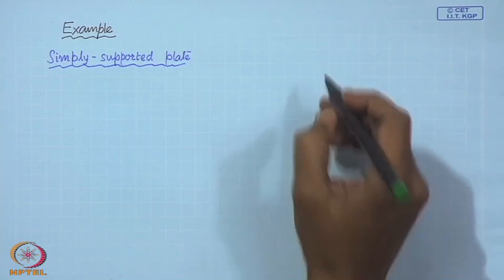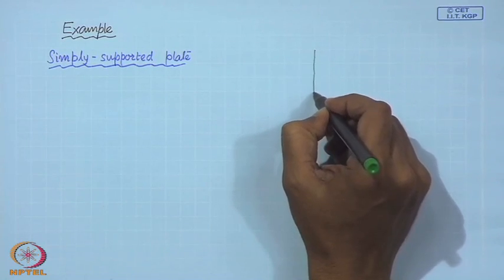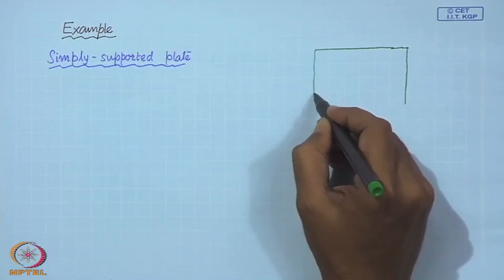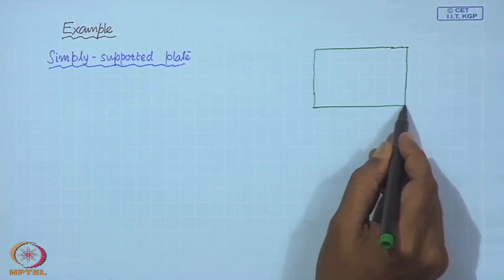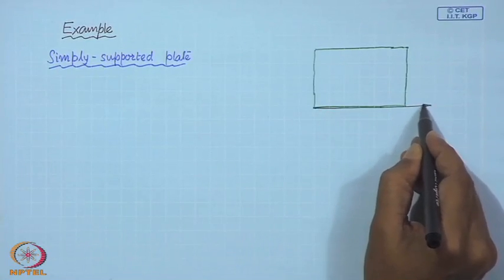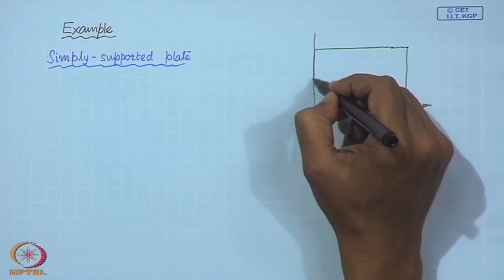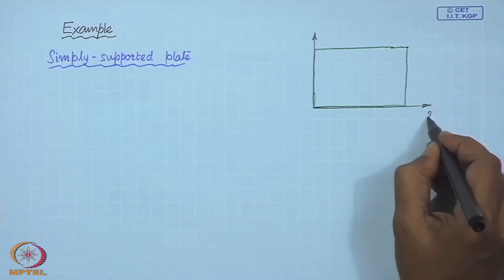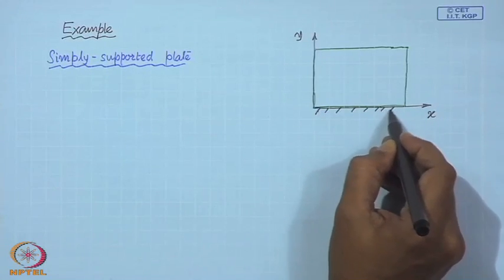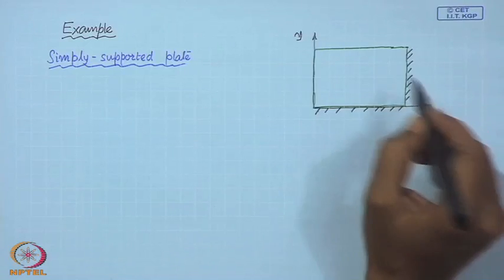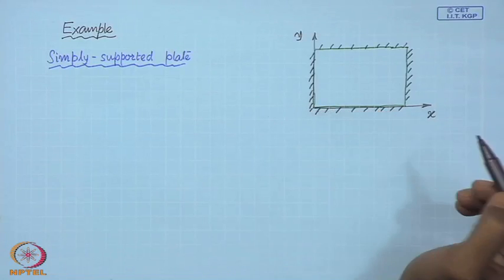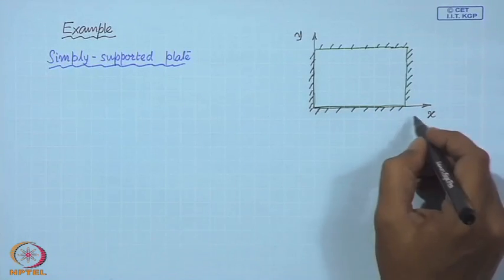So, let us consider a plate which is simply supported on all four boundaries.